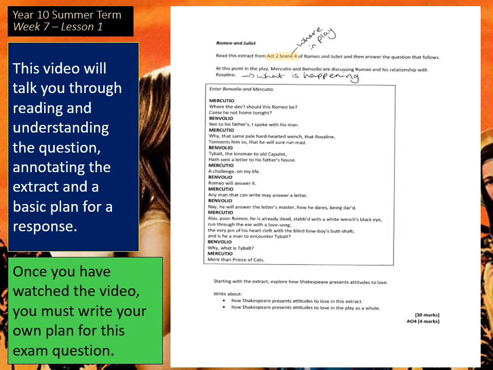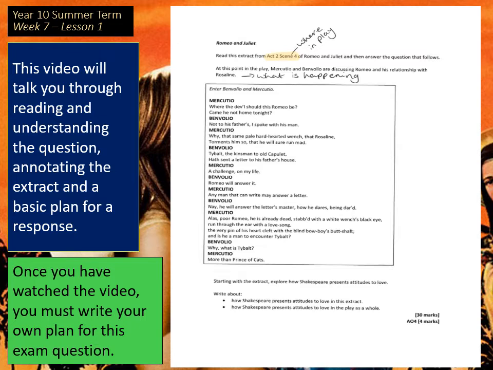Benvolio: "Tybalt, the kinsman to old Capulet, hath sent a letter to his father's house." Mercutio: "A challenge on my life." Benvolio: "Romeo will answer it." Mercutio: "Any man that can write may answer a letter." Benvolio: "Nay, he will answer the letter's master, how he dares being dared."